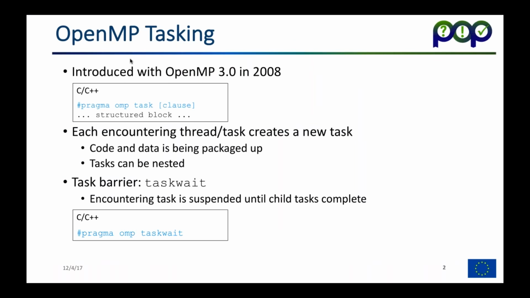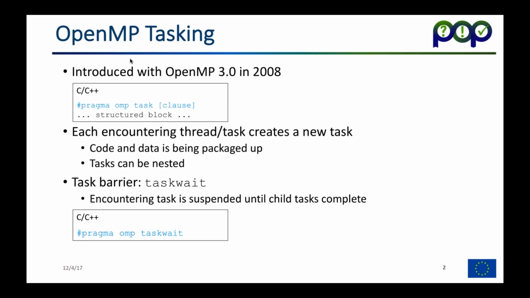Okay, so let's start. So Dirk, I heard about this OpenMP tasking. I attended a couple of conferences and read some books. So I learned OpenMP 3, which was released in 2008, introduced this concept of tasking. And I tried to understand what a task is, and I heard from some guy in a tutorial that a task is actually a package of code and data. So it means it's something that can be executed independently from all the other tasks.